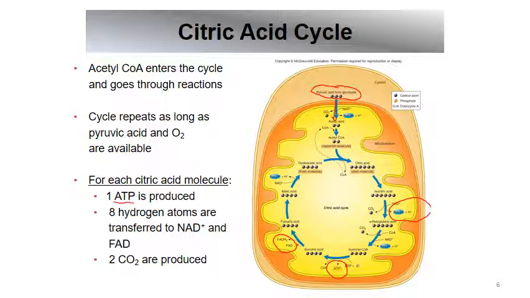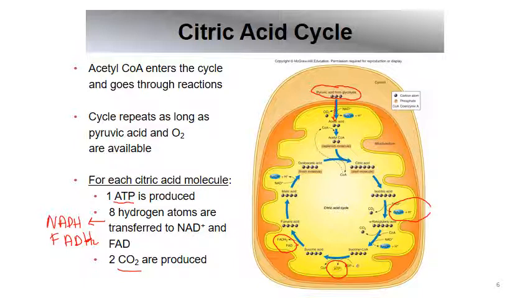So now it's saying for each citric acid cycle, and that's going to be 2 because there are 2 of these, a little bit of ATP. Hydrogens are transferred to NAD and FAD, and so this ends up making NADH and also FADH2. So that's what this means. And also during the step, CO2 is produced.